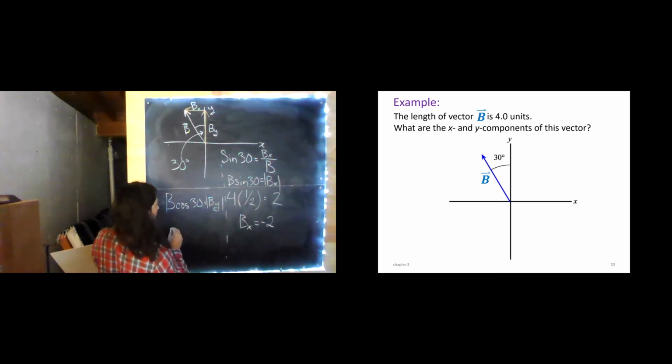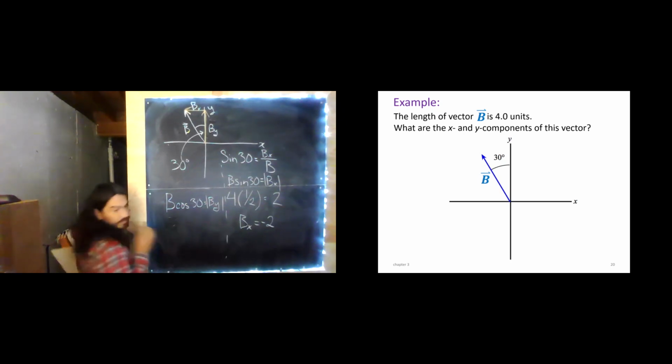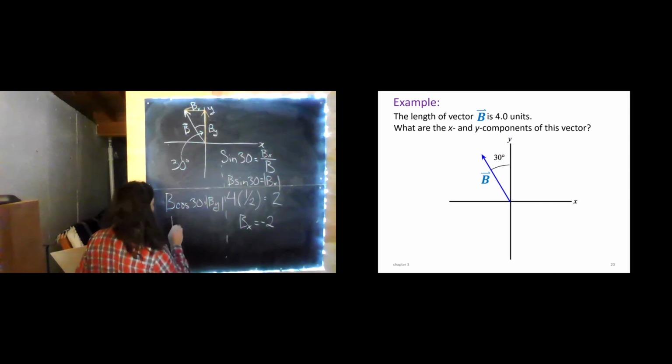And so we should write then 4 units times cosine of 30, square root of 3 over 2. Again, your calculator will tell you that.